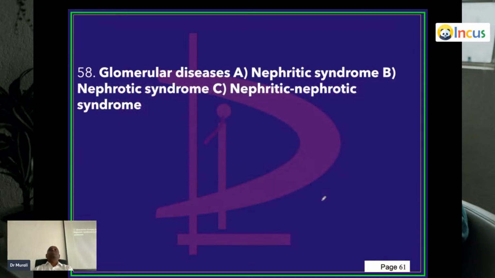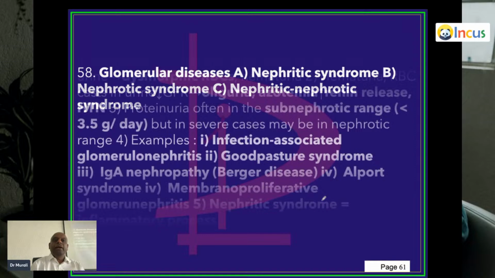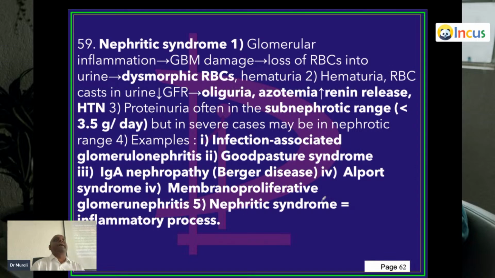Now coming to glomerulopathies. How do they present? They can present with nephritic syndrome, nephrotic syndrome, and nephritic syndrome. Nephritic syndrome क्या होता है? There is an inflammation of the glomerulus leading to glomerular basement membrane damage. Because of that, the RBCs are lost into the urine, and dysmorphic RBCs are found in the hematuric sample in nephritic syndrome.